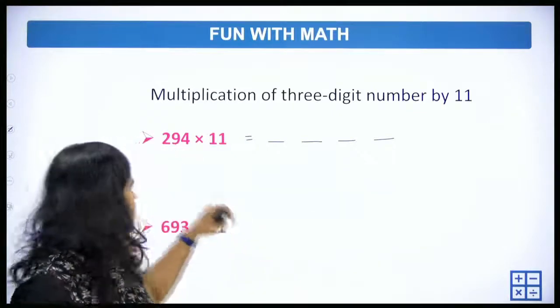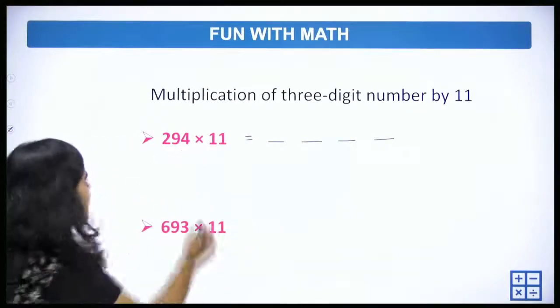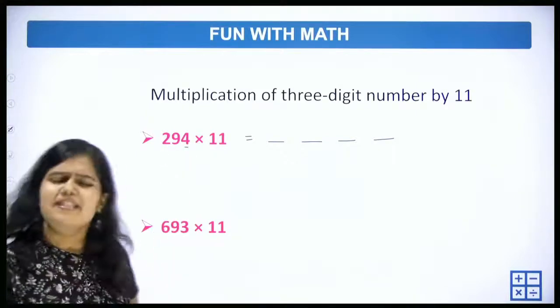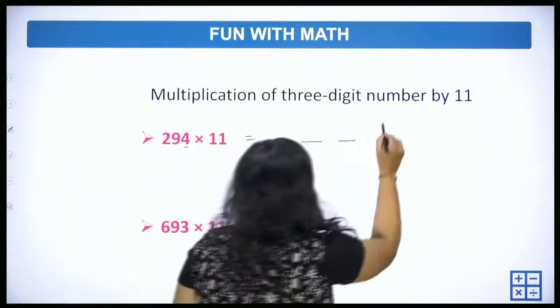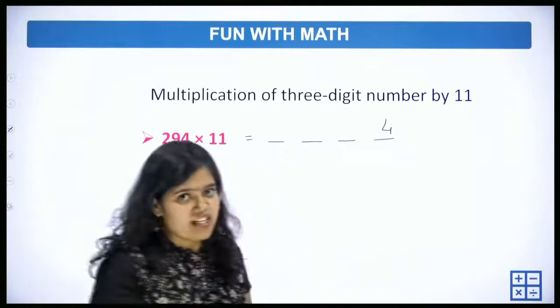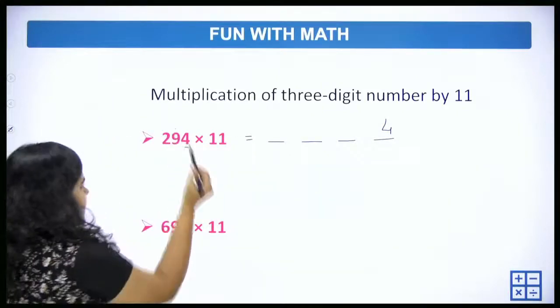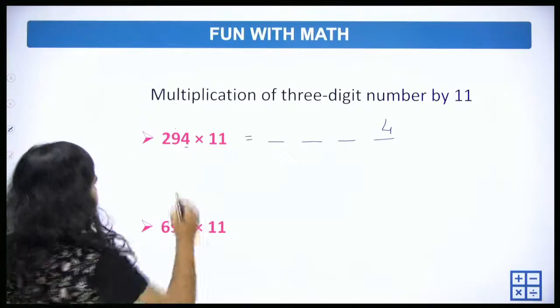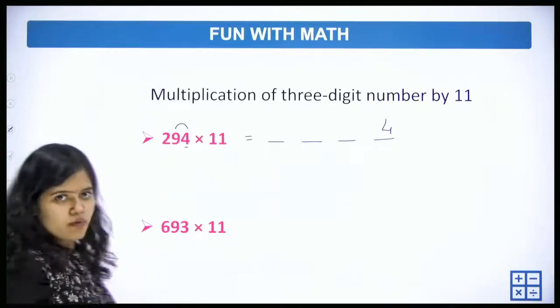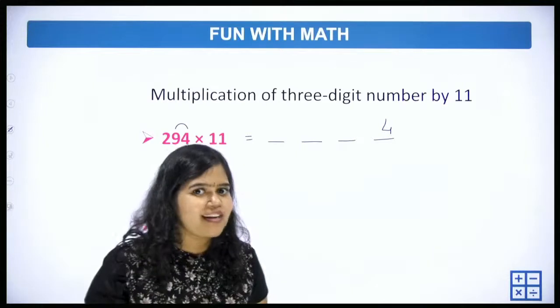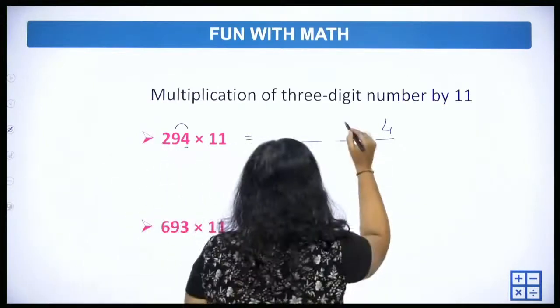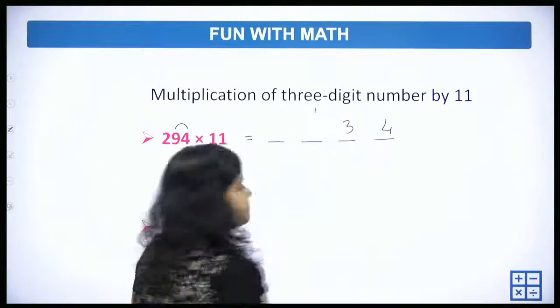We'll see now. Always the ones place will be the ones place of the number. This is fixed for 11. So this is going to be 4. No change in this. Now for the tens place, the same pattern is followed. 9 plus 4. And what is 9 plus 4? 13. So 3 here, 1 carried.